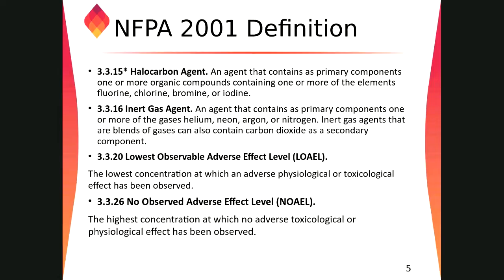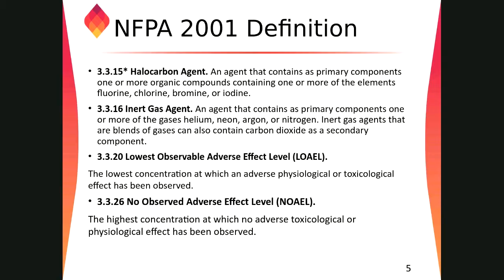We have now the basic definitions, right? We have the halocarbon agent. This halocarbon is a clean agent. The definition is that the primary component of a halocarbon agent is one or more organic compounds containing fluorine, chlorine, bromine, or iodine. So these are some of the halocarbon agents. What is an inert gas agent?